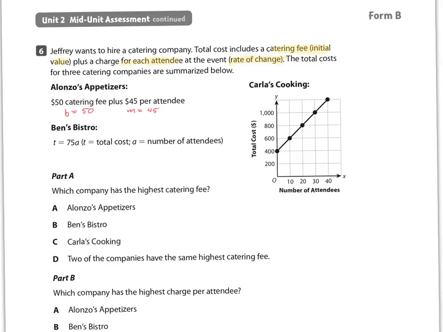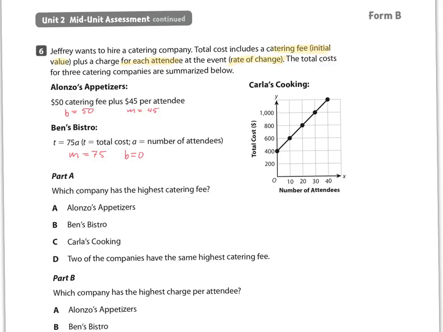So for this one, they have t is equal to 75a. It says the t is the total, a is the number of people going, so that's actually going to give you the slope of 75, and there's no other number there. That means that this is going to be a b of 0.